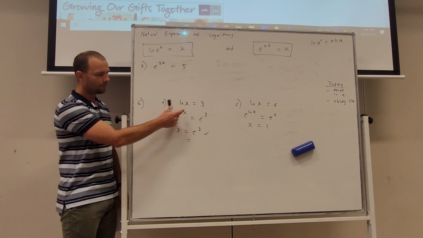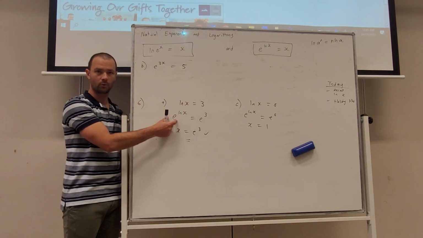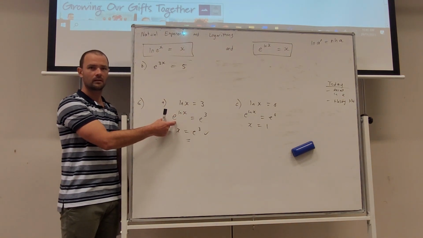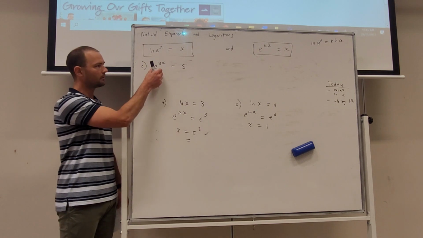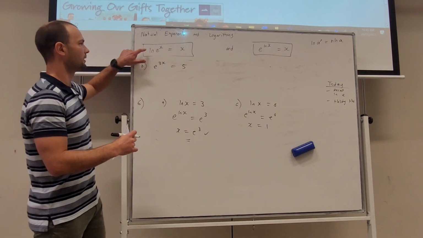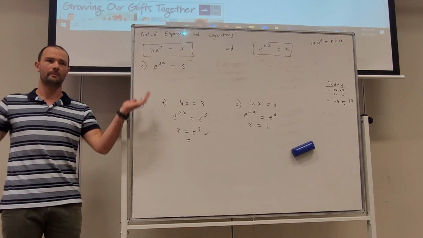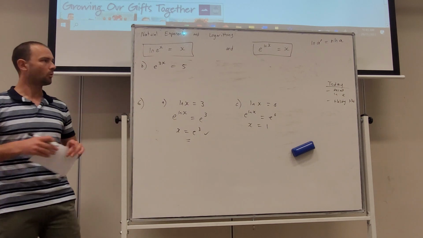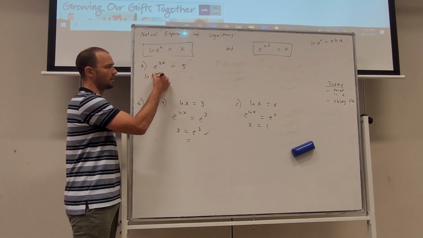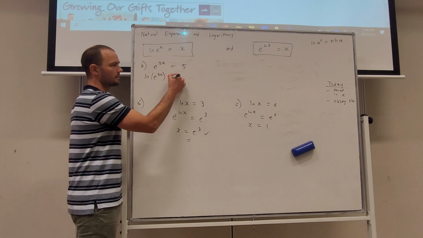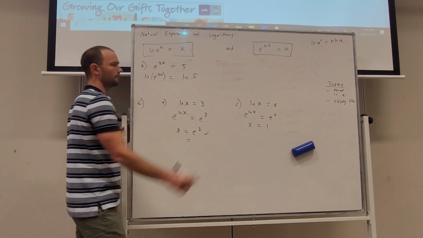And so we saw before, if we want to get rid of ln, we put e on both sides. Similarly, if we want to get rid of e, we just perform the natural logarithm on both sides. Remember, they're equal. We can do anything we want as long as we do it to both sides. So I'm going to have ln of e to the 3x is equal to ln of 5.